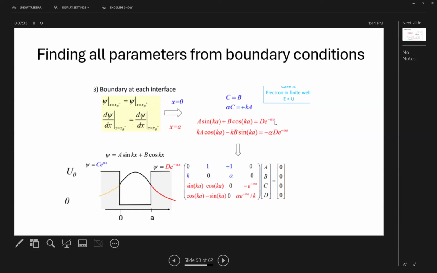And if you have to solve this problem of psi, you have to know how psi at the left hand side and psi at the right hand side are related. Okay. So these are the boundary conditions. So once you solve these boundary conditions, you'll be able to find out the values of A, B, C, and D individually. Okay.